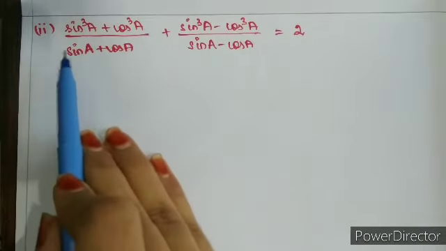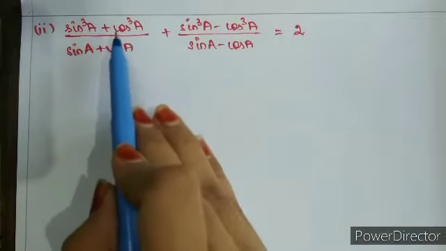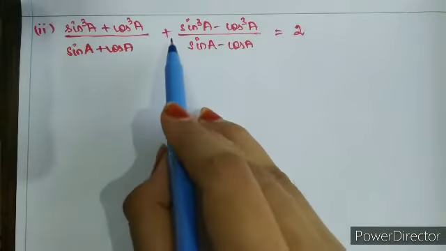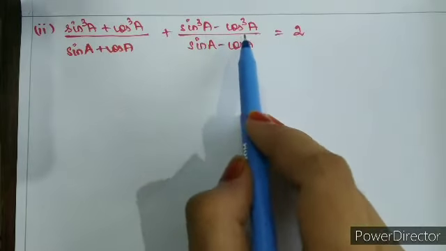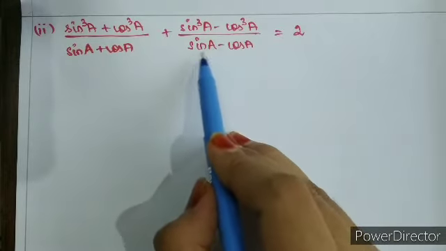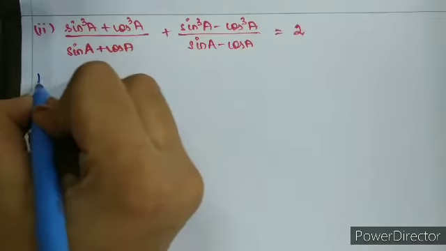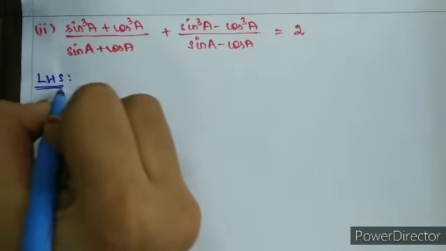Second subdivision: sin cube A plus cos cube A divided by sin A plus cos A, plus sin cube A minus cos cube A divided by sin A minus cos A, is equal to 2. So let us take LHS first.